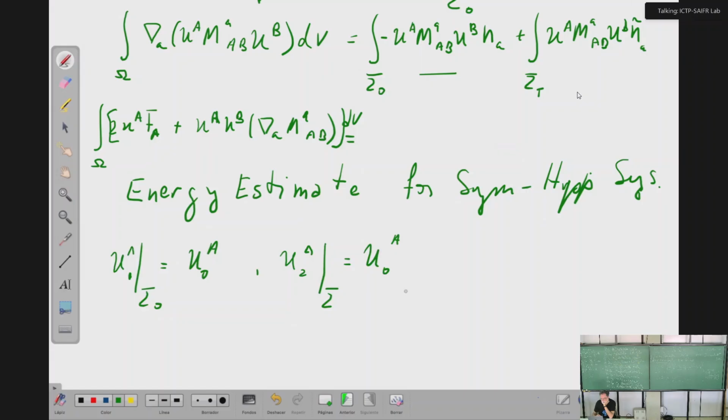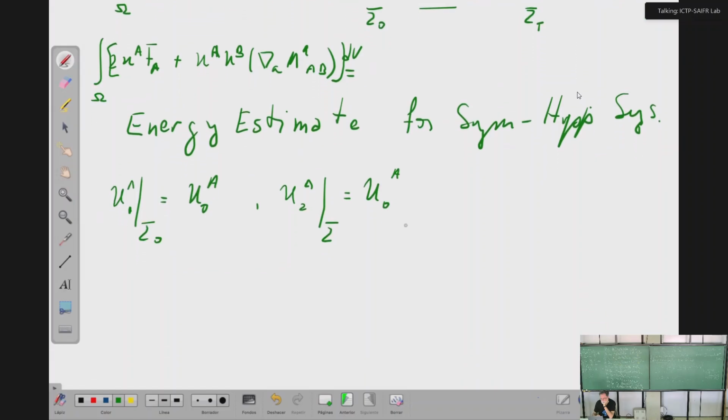And I want to show that the solution is unique. Let me do first with f equal to 0, with the source equal to 0. Then all the thing is 0.